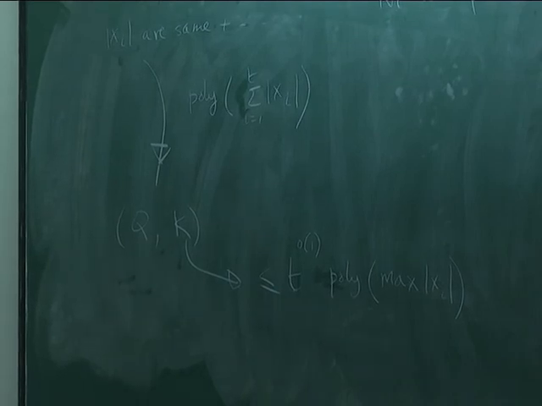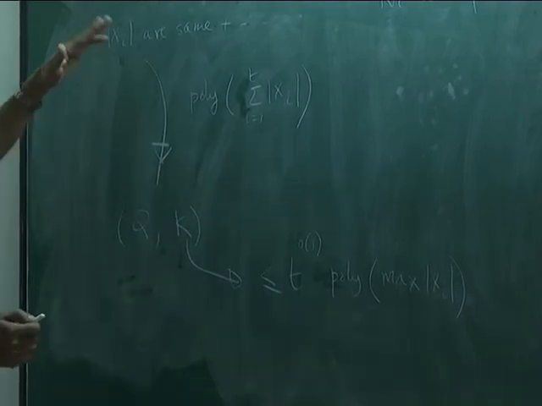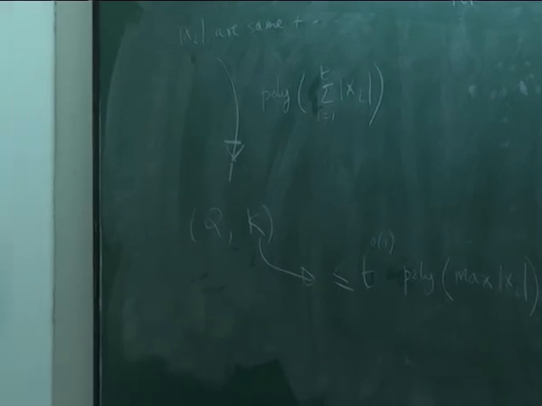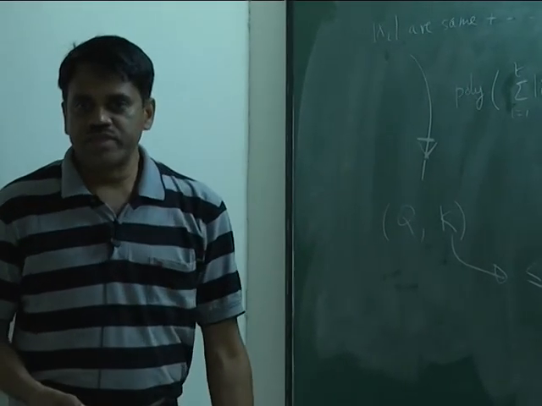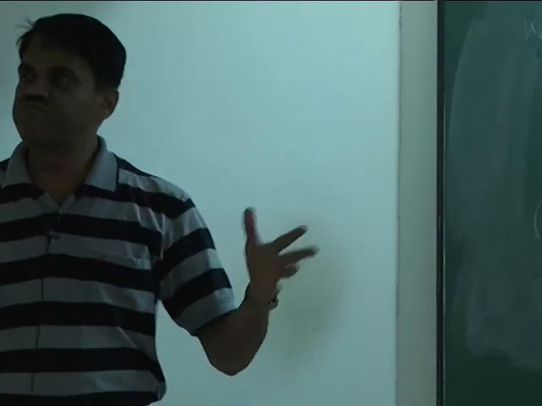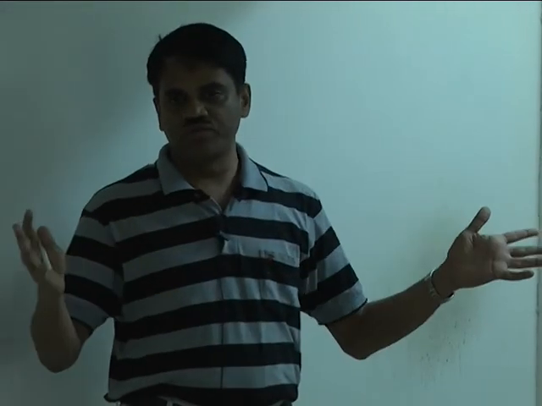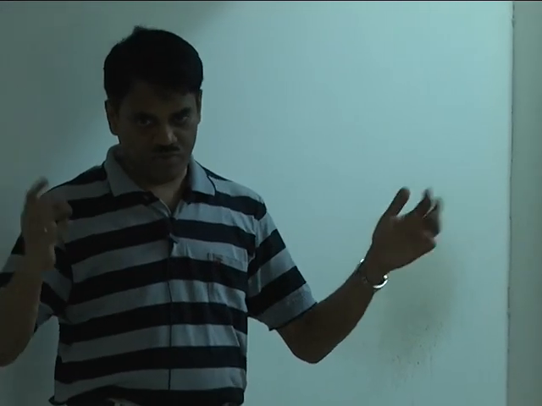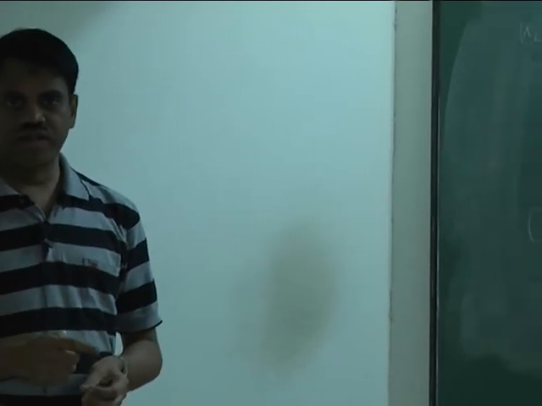Now tomorrow we will look at reductions of this type, where polynomial kernels may exist, but a k squared or k cubed kernel may not be possible, or a linear kernel may not be possible.